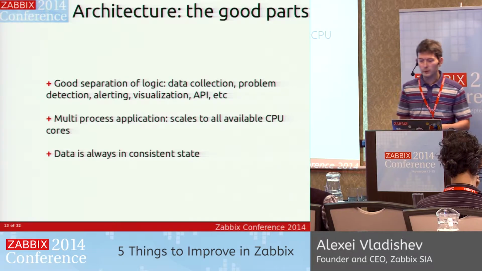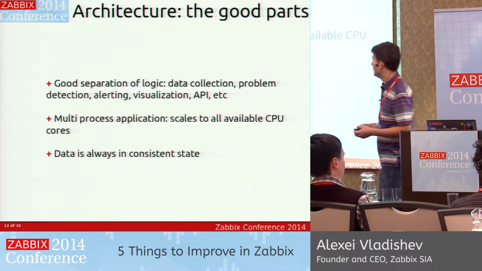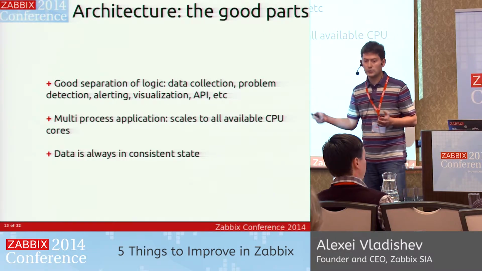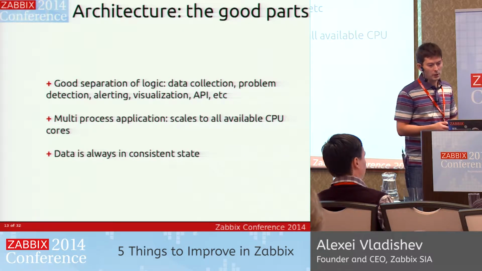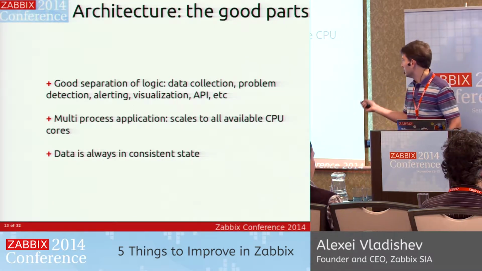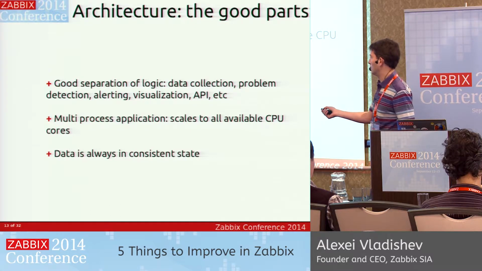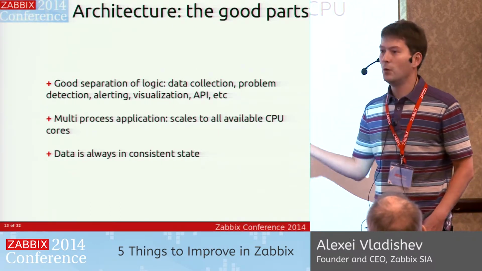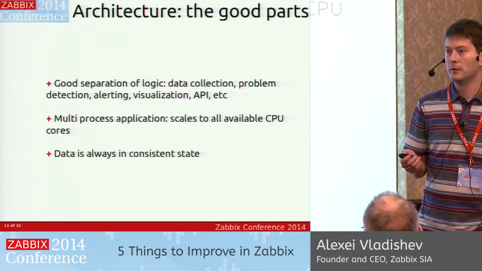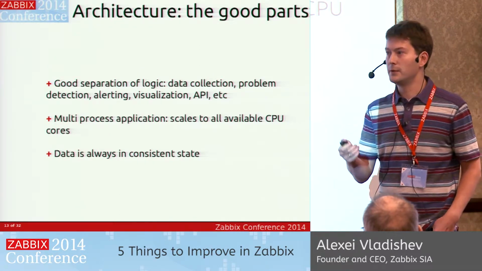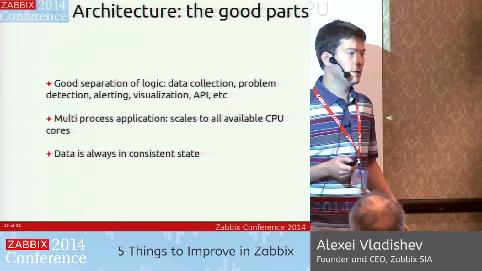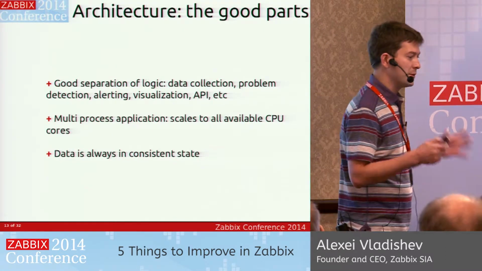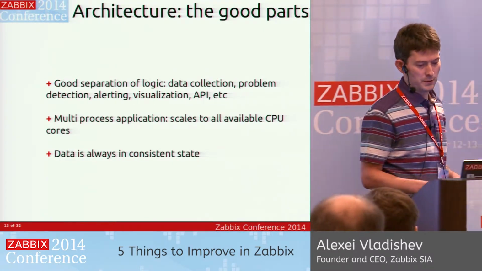So if you have, I don't know, 32 or 128 cores, Zabbix may scale to take advantage of your hardware. And again, thanks to SQL, the configuration data and history are always in a consistent state. That's what your database gives you. The data is in a consistent state, and that's a huge advantage of SQL databases.